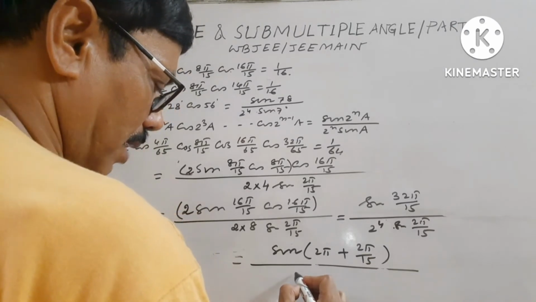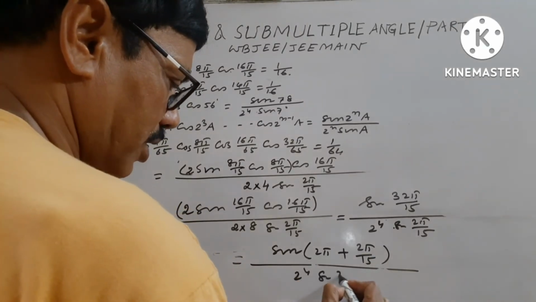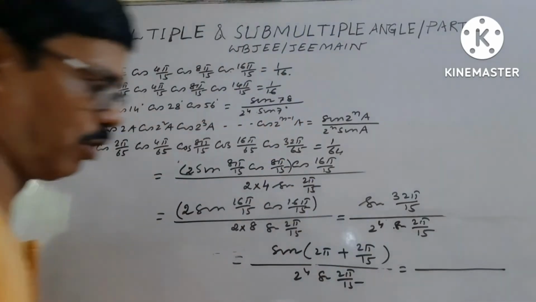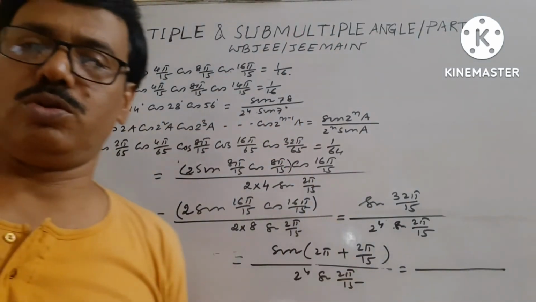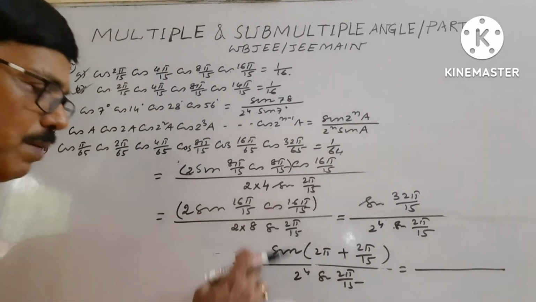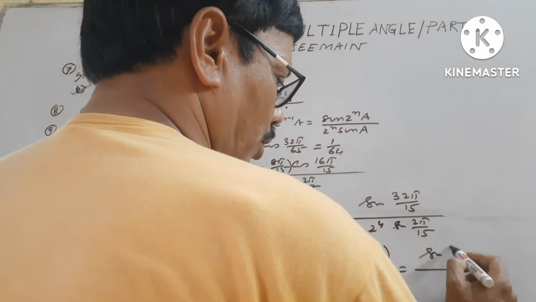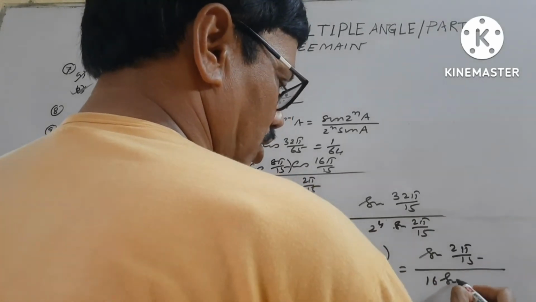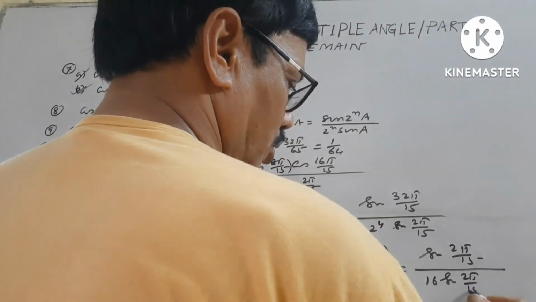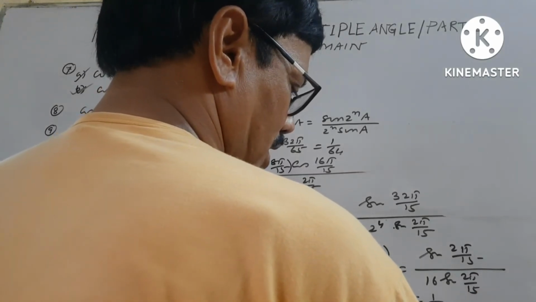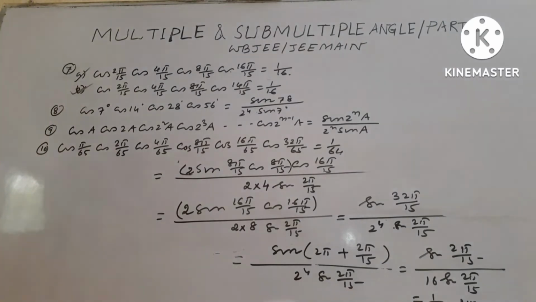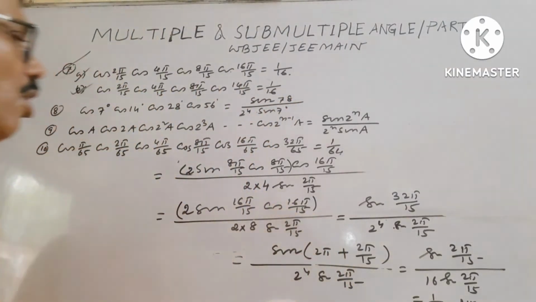Our main aim is to express it in terms of sin 2 pi by 15 if possible. 30 plus 2 is 32, and sin of 2 pi plus theta is sin theta. So sin 2 pi by 15 over 16 sin 2 pi by 15, which is 1 by 16, equal to the RHS. So these are most interesting and important also.